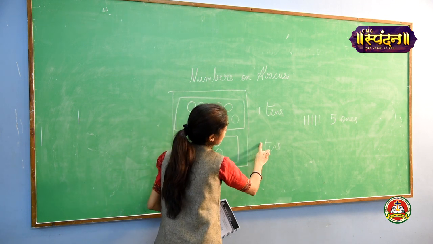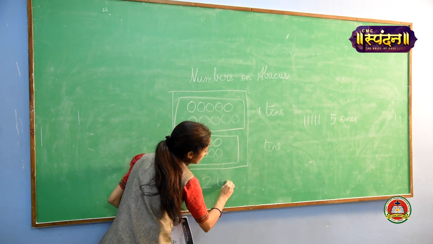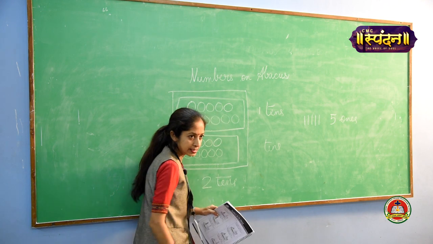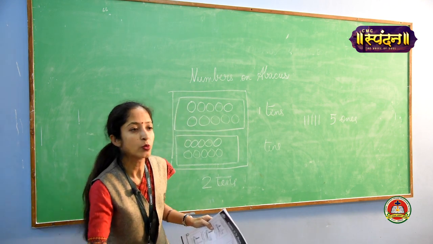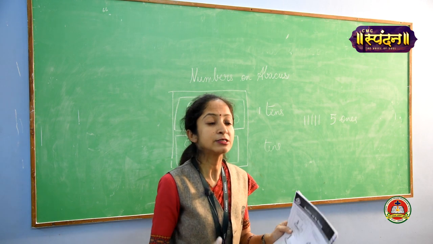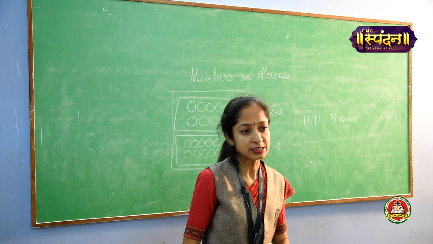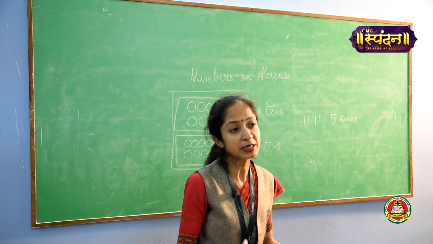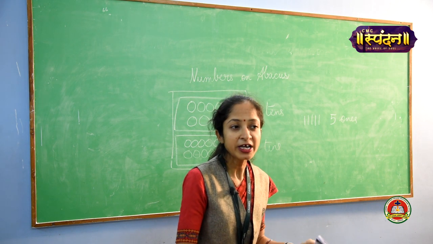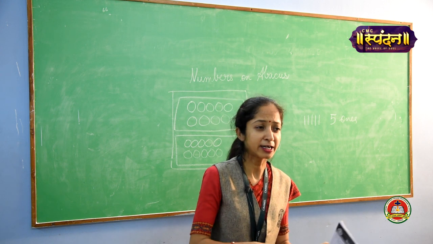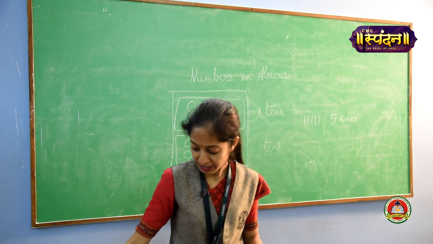So these two groups are 2 tens. Is it clear? So when we have groups of 10 things together, 2 or 3 groups, that is 2 tens, 3 tens. Okay?